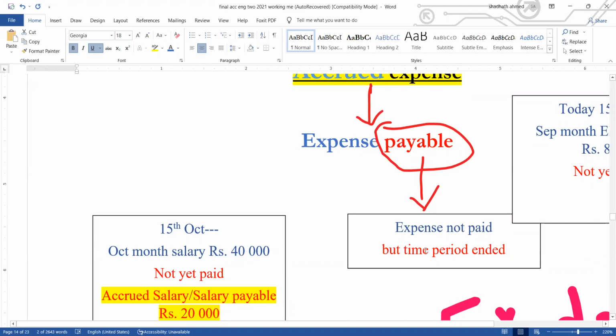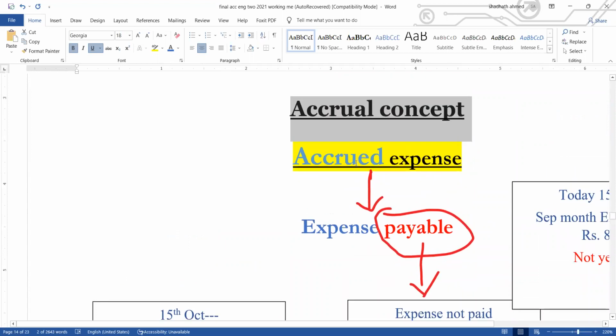These types of expenses we call accrued expense. These accrued expenses must be written in accounts. You can't say it's not yet paid, so we can't record. No. Accrual concept says you have to record it.